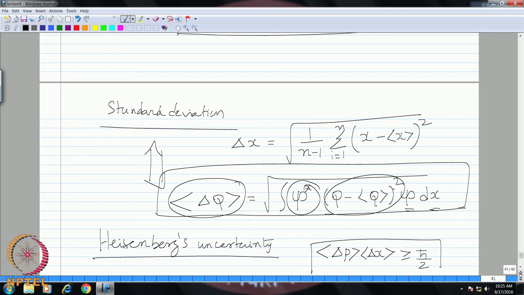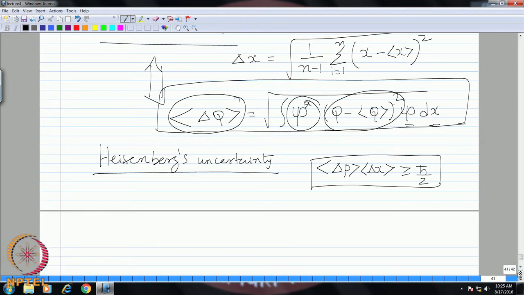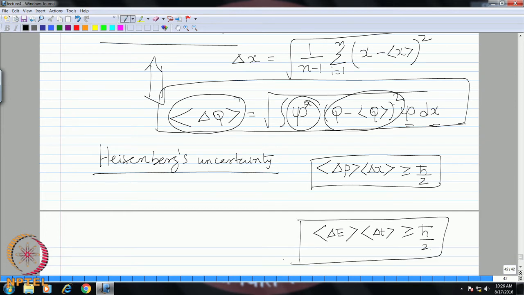So, this is one of the uncertainty theorems. The other is with respect to energy and time. Instead of momentum and space, you can also transform this into a space of energy. So, the expected value of uncertainty in energy and time should also satisfy your uncertainty condition, which is like this, right.